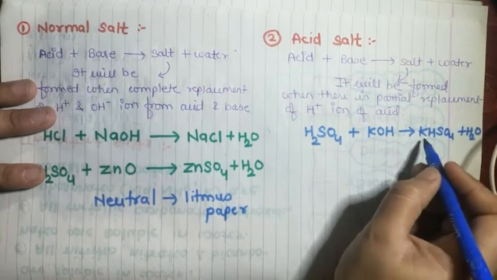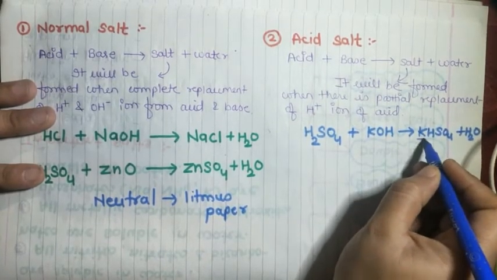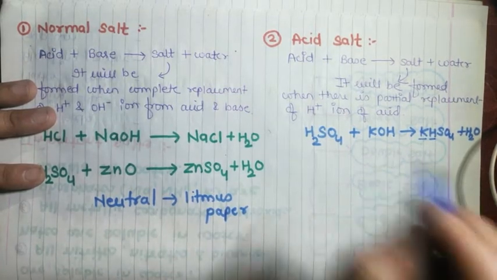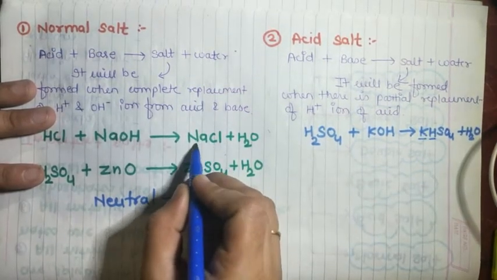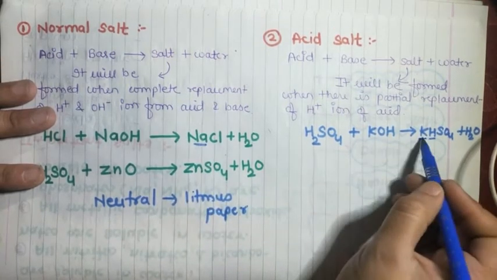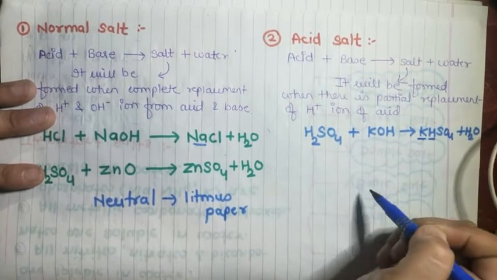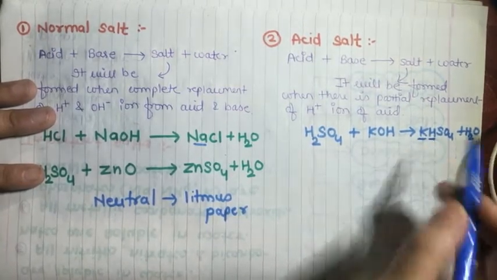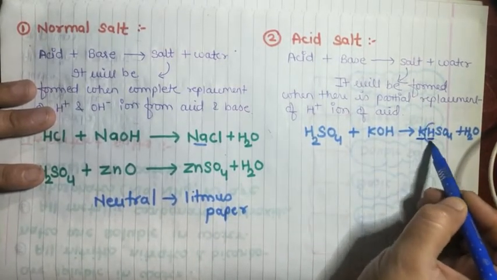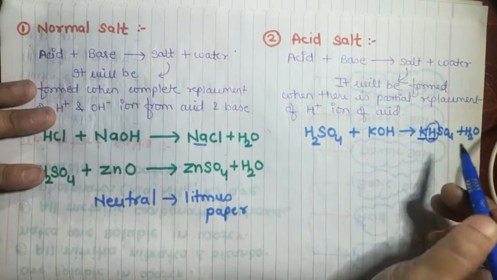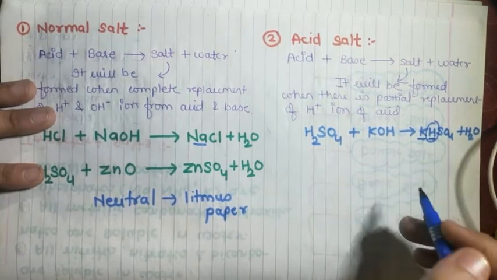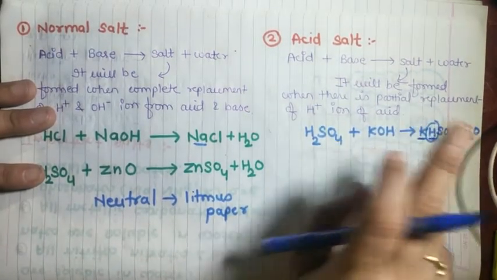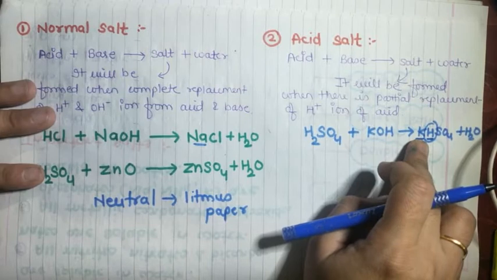Why? Because this salt contains two positive ions. That is why I told you that in normal salt only one positive ion was there, but here two positive ions are formed. So any salt which contains a hydrogen ion will show the characteristics of an acid. That is why this salt is not a normal salt, it is an acidic salt.